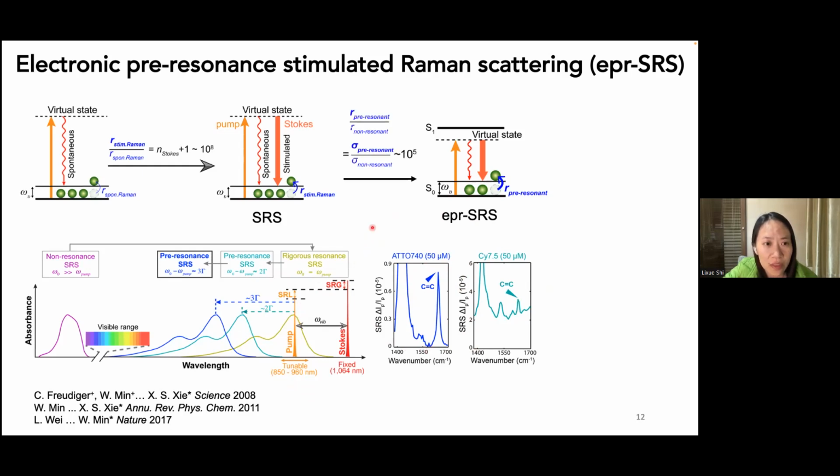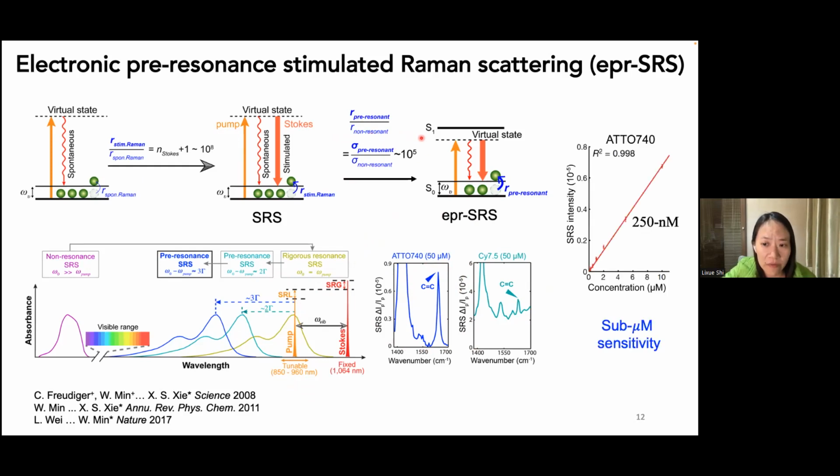As a result, the epr-SRS process can drastically improve the Raman scattering cross-section by up to 10 to the 5th fold. Thus, the detectability of Raman active chromophores in epr-SRS has been leveraged to a sub-micromolar level.